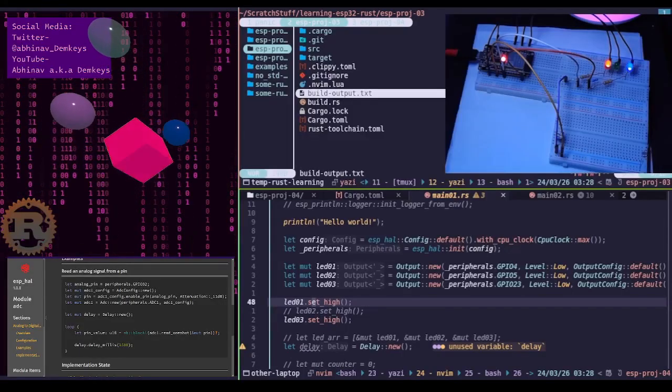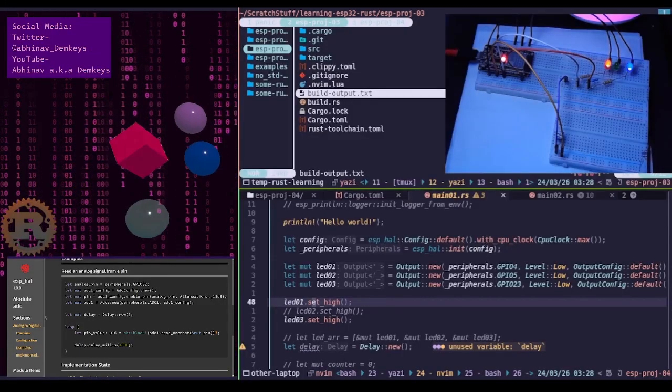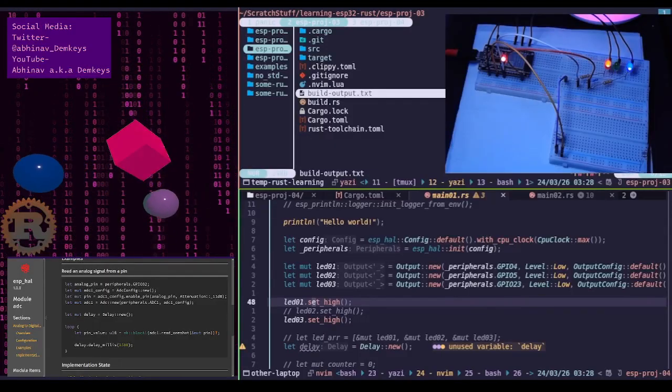So it'll be much easier for you to actually get the solder to stick to the surface.